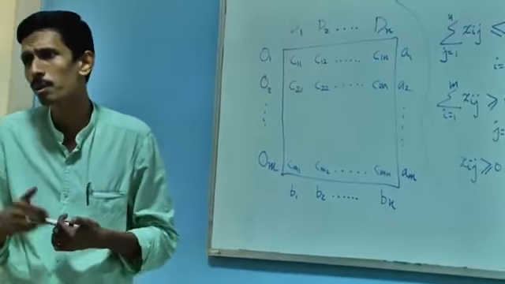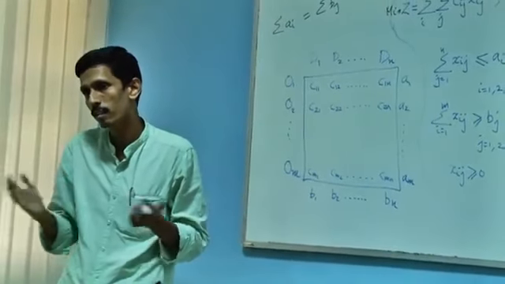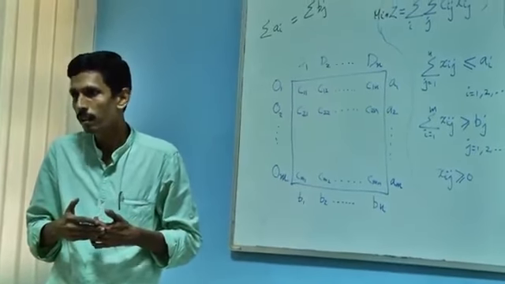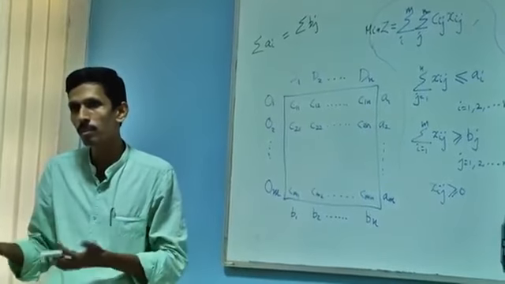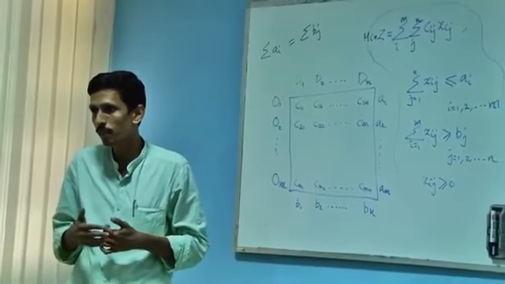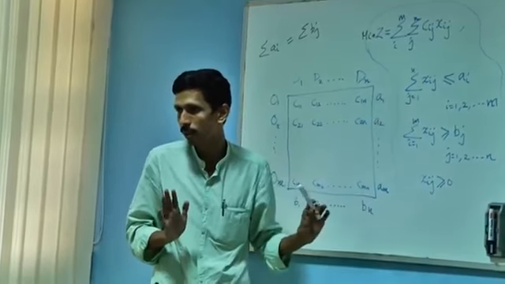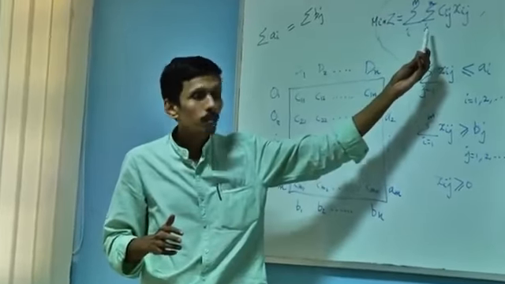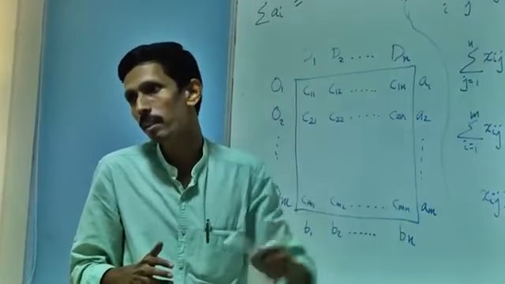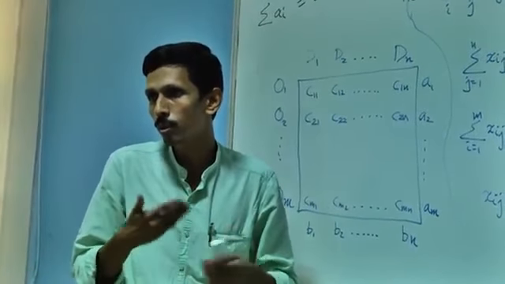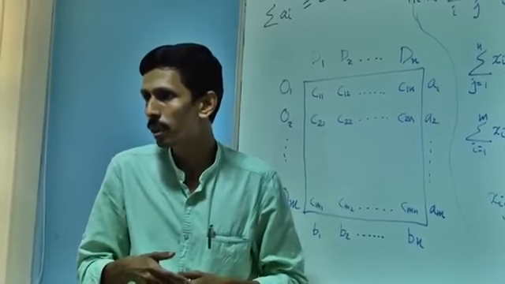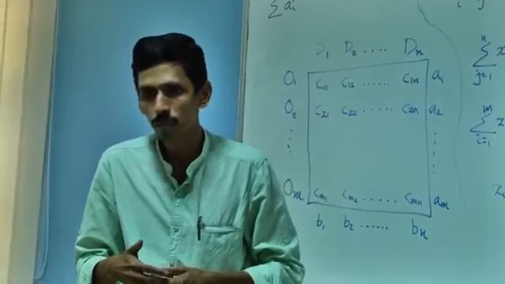To find the initial solution itself, there are different methods, right? And different methods may not give the same results, as it is an initial solution. Initial solution means the solution which satisfies these constraints and non-negativity restriction only. It is not satisfying the optimality condition, right? Then we will check for optimality and reach optimality later. It is a procedure.